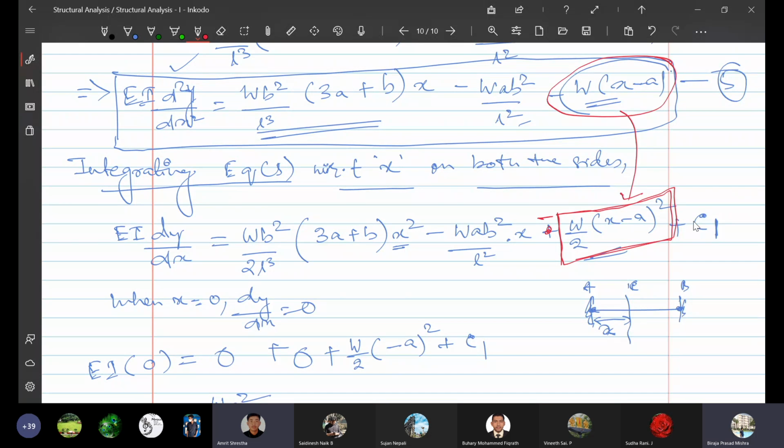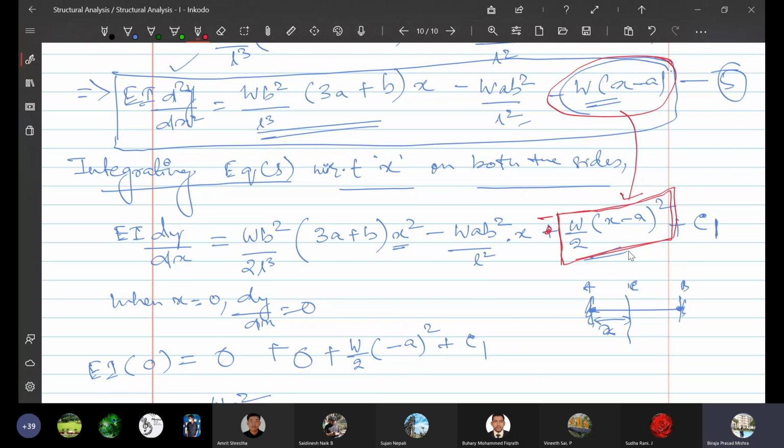Plus WAx minus W a. Okay, this is not correct. Whatever you said here is wrong. That's why this value is coming out wrong.